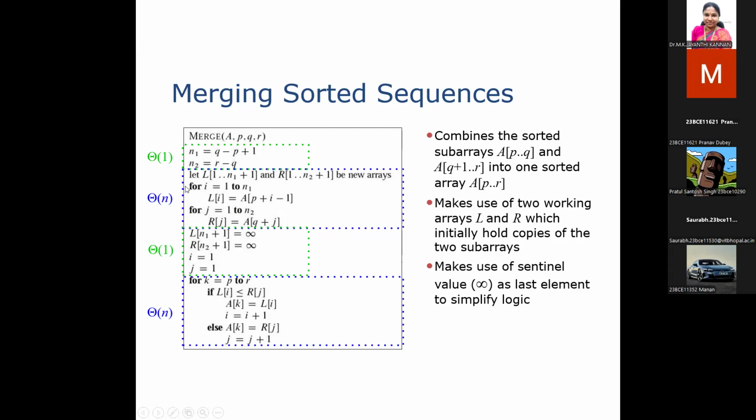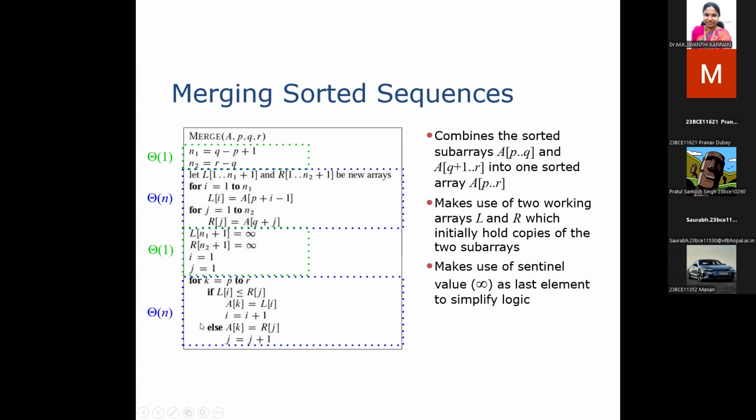While computing the computational time, we use big O notation. The assignment statements take order of one. This is an assignment, order of one, one instruction per second. But the for loop will be repeated n times.